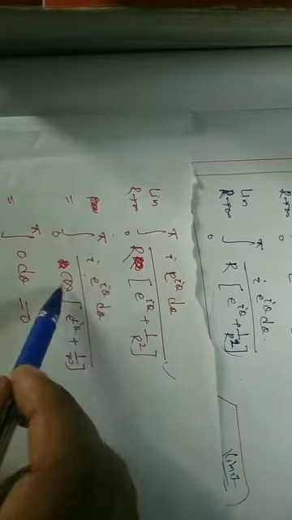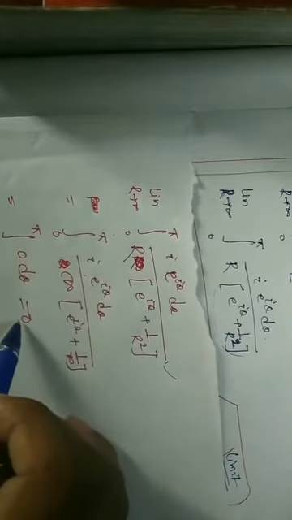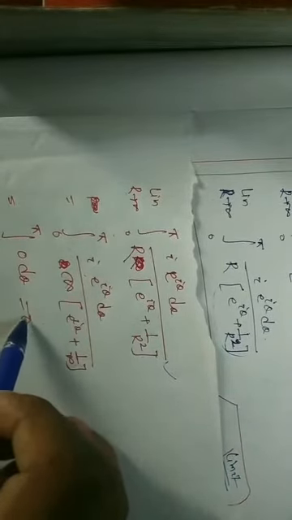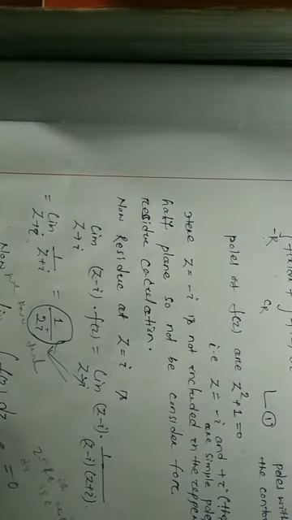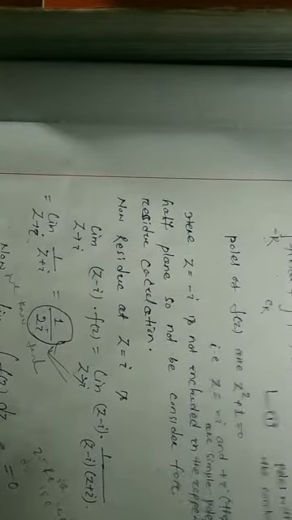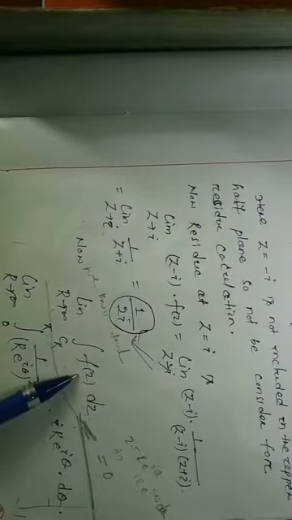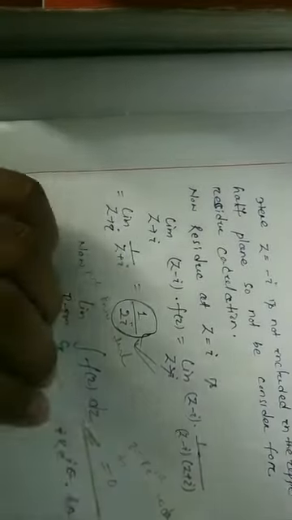Something by infinite will be 0. At last we found it is 0. So in this way, when r tends to infinity, the integral over CR of f(z) dz is equal to 0.